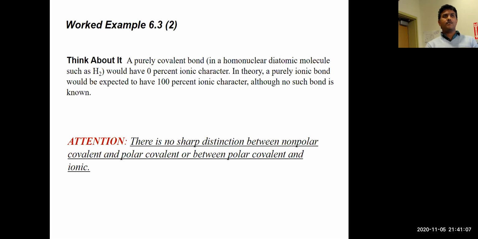You only need it if you are so picky. And I'm discussing this so that you can be flexible, not picky. In general chemistry class, you just need to be flexible. But in the future, if you are going to be a chemist, you can be picky by calculating percent ionic character for every bond that you come across and be a nerd.